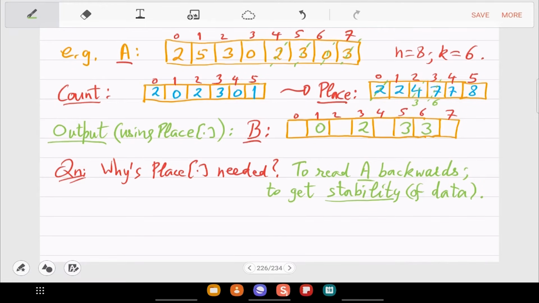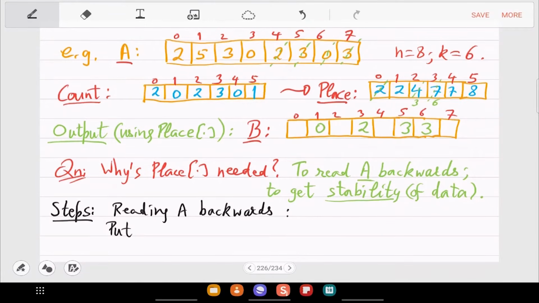Okay, so I guess I will not draw this, but let's just write the main steps that we are doing above. So we are basically reading A backwards, and then we are putting in B. So what are we putting?